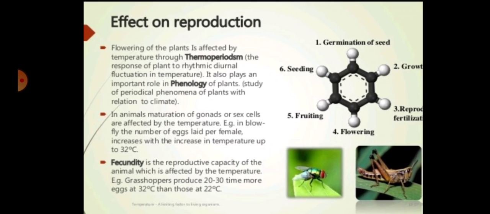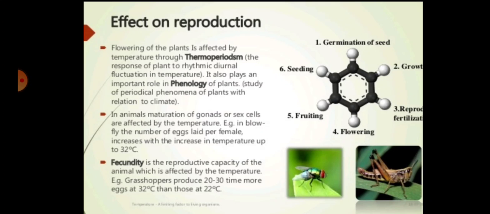For example, females of the insect Acridate became sexually mature at 30 degrees centigrade and 35 degrees centigrade faster than at 25 degrees. And the highest number of eggs per female was laid at a temperature of 30 degrees. The number of eggs decreased from 243 to 190 when the temperature was raised from 30 to 35 degrees.